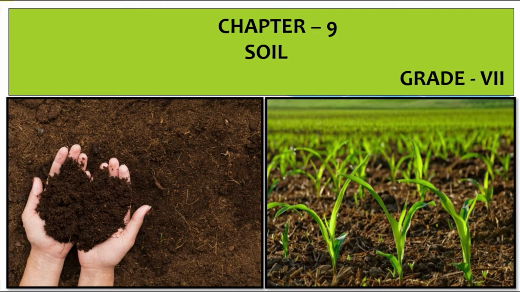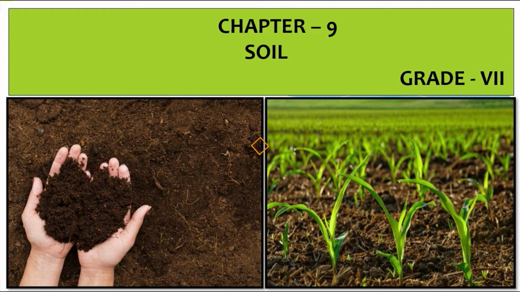So students, in this chapter, we are going to learn and discuss what soil is, how it is formed, what the soil profile is, what the different types of soil generally found in India are. And lastly, but not the least, we will discuss how soil is eroded.